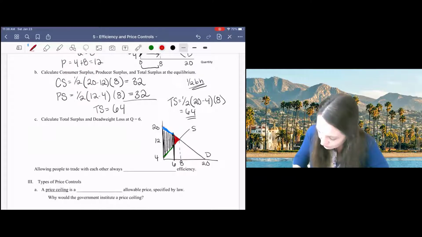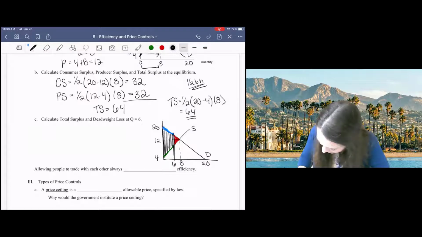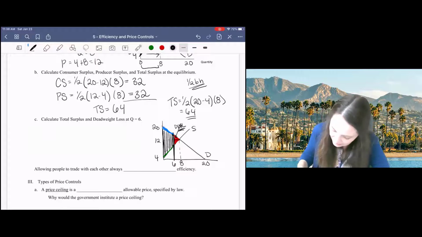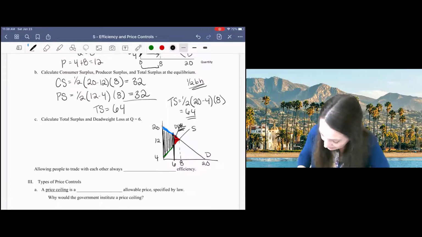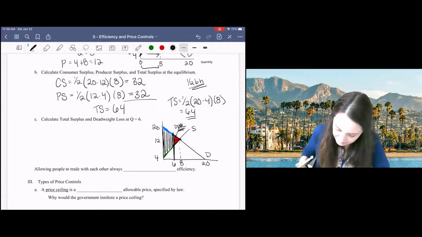The surplus that would have been generated by the extra 2 trades is our loss in surplus, a deadweight loss. And we can calculate that by calculating the area of that triangle.